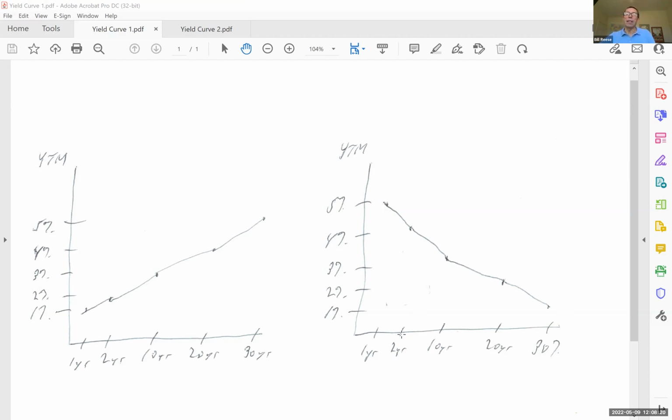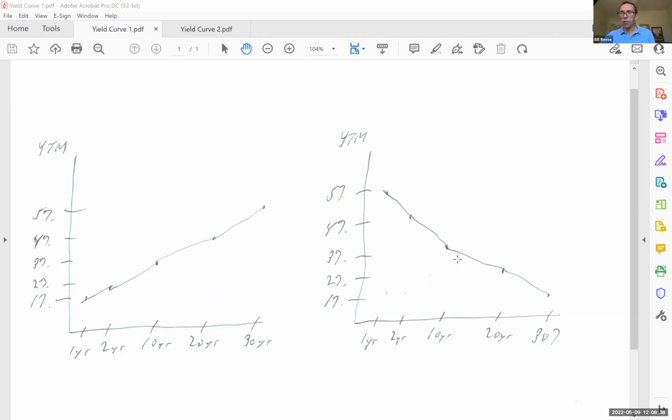If I bought a 2-year treasury note, the yield would be 4%. 10-year treasury note, 3%, 20-year treasury note, 2%, 30-year treasury note, 1%. This is pretty extreme. I don't think you'll see something this extremely downward sloping, but I just wanted to make it nice and easy to see here.